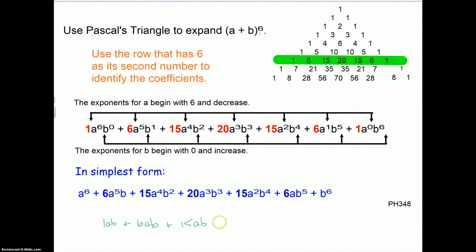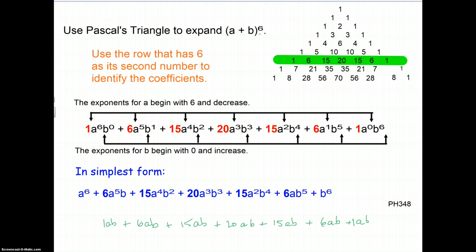The next number is 20, plus 20, a, b. Again, I haven't put any of the exponents in yet. Plus 15, a, b, plus 6, a, b, plus a, b. It's just a 1. You can put the 1 in there if you want.